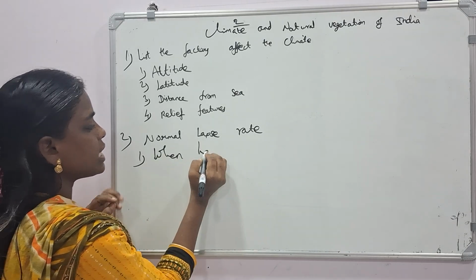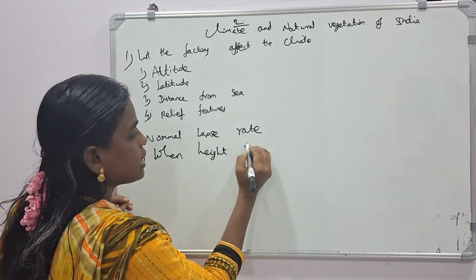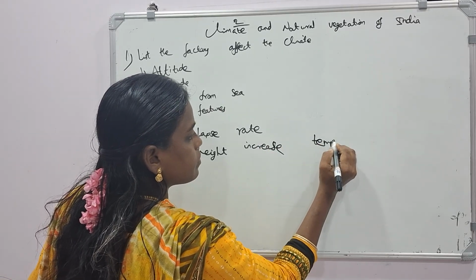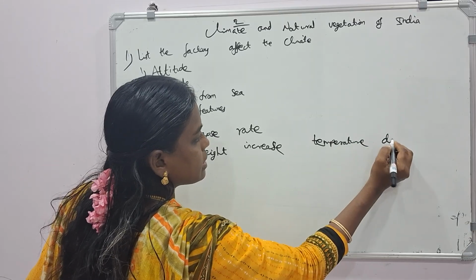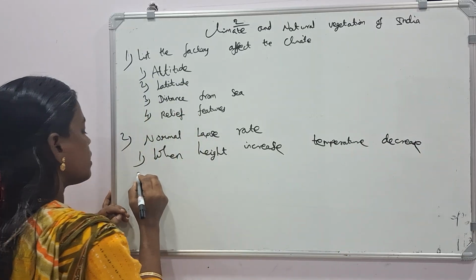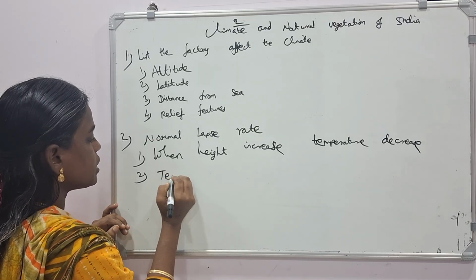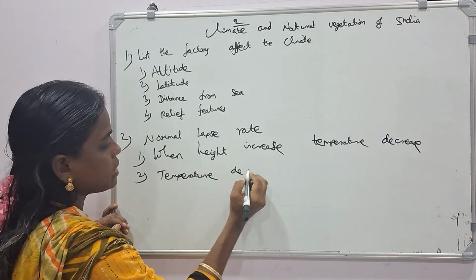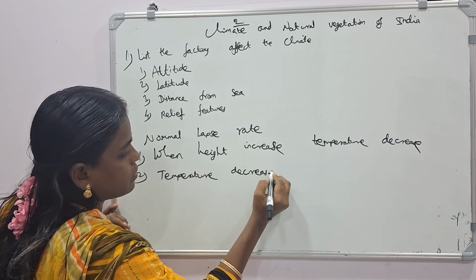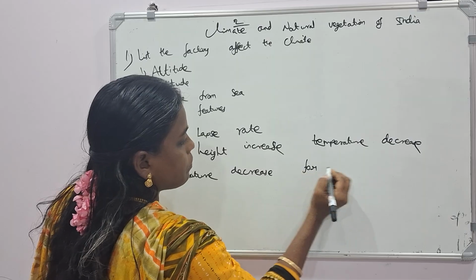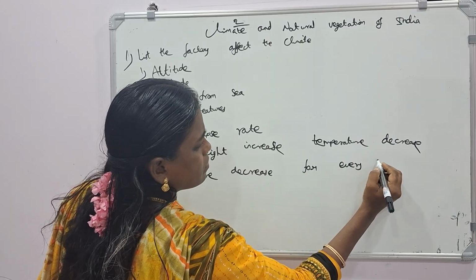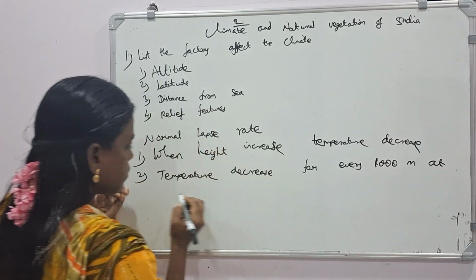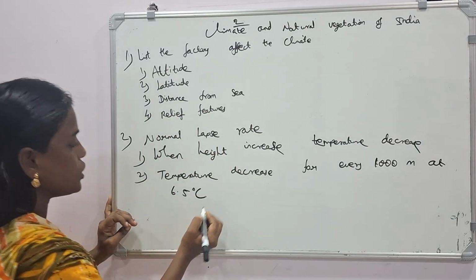When height increases, temperature decreases. Second thing, temperature decreases for every 1000 meter at 6.5 degrees Celsius.